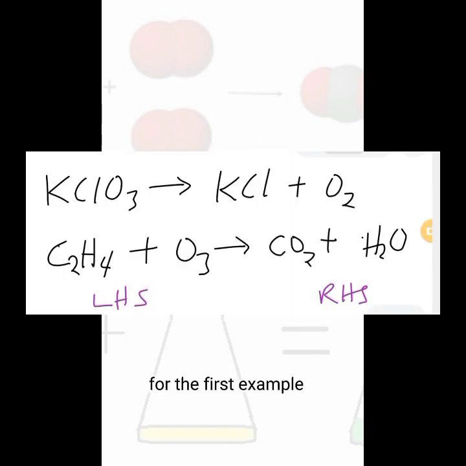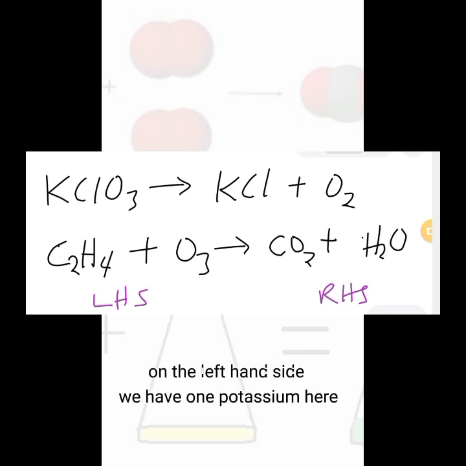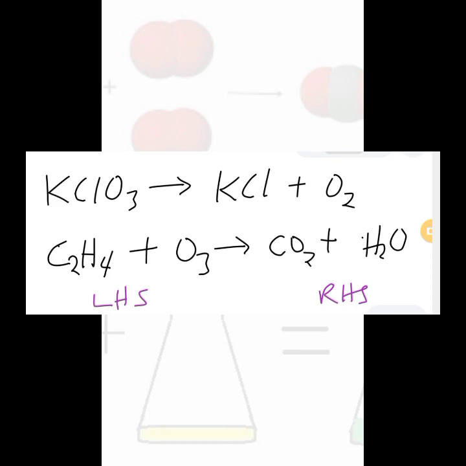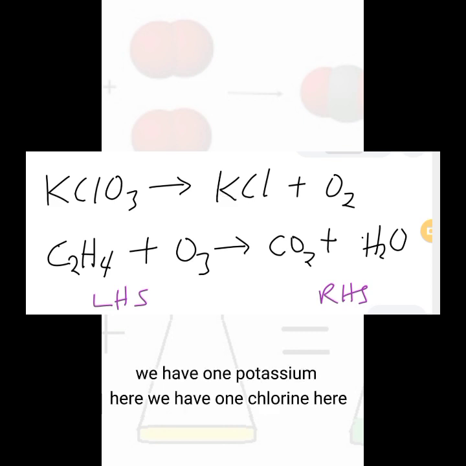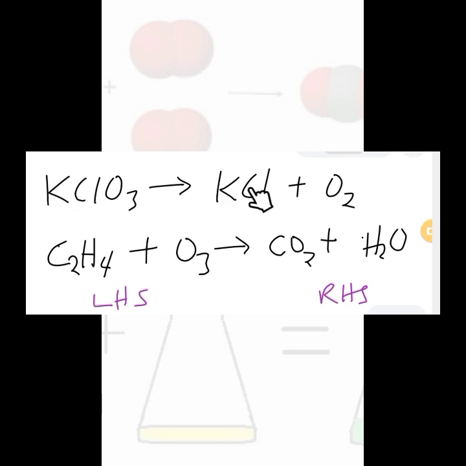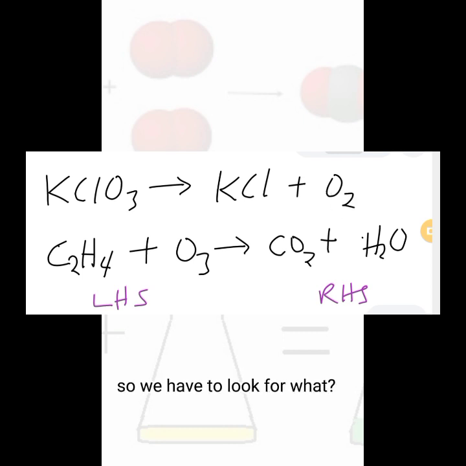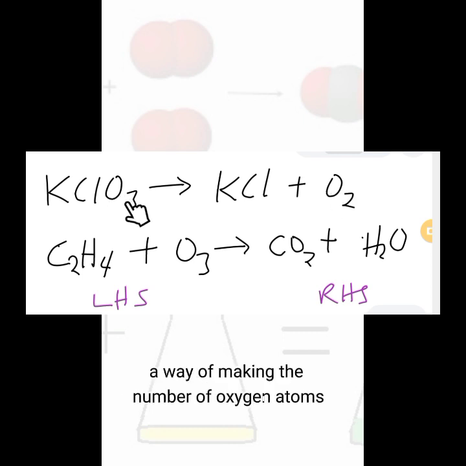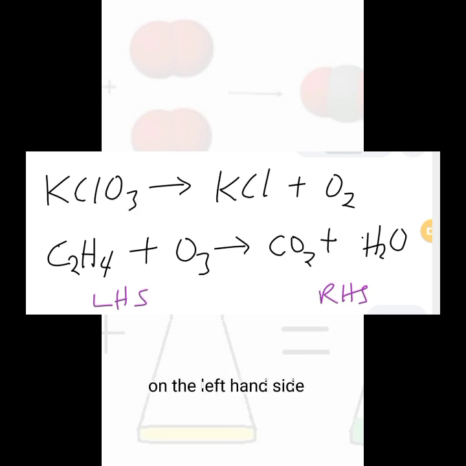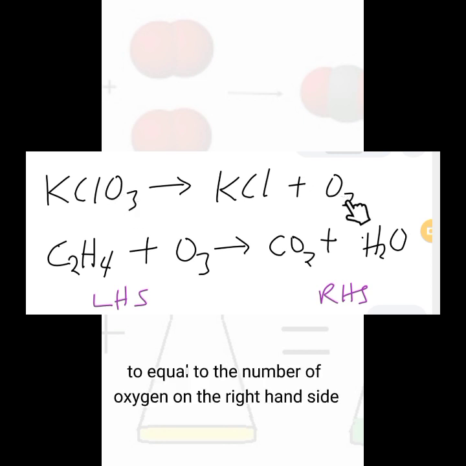For the first example, on the left hand side, we have one potassium here, we have one potassium here, we have one chlorine here, we have one chlorine here, then we have three oxygen atoms here, we have two oxygen atoms here. So we have to look for a way of making the number of oxygen atoms on the left hand side equal to the number of oxygen on the right hand side.